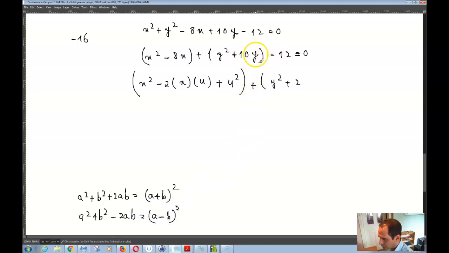So since I can see that I have basically this term over here, which is 10y, this is this term over here, which is 2 times a times b.